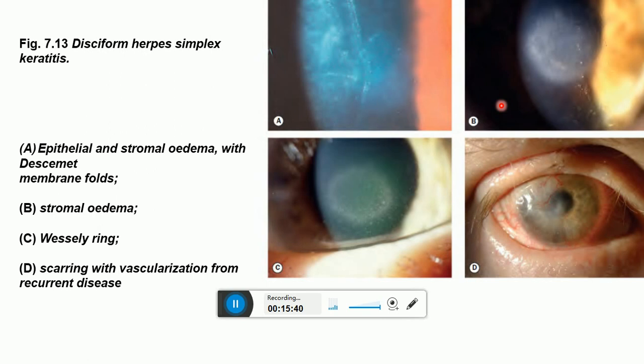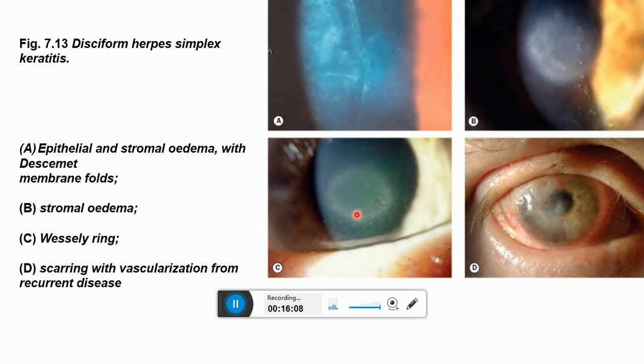Folds in Descemet membrane in severe cases, as you can see here. Wessely ring is a surrounding immune ring of deep stromal haze. This Wessely ring signifies deposition of viral antigen and host antibody complex.